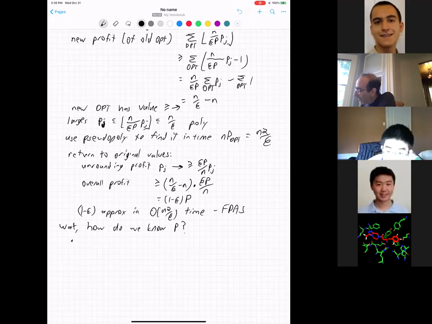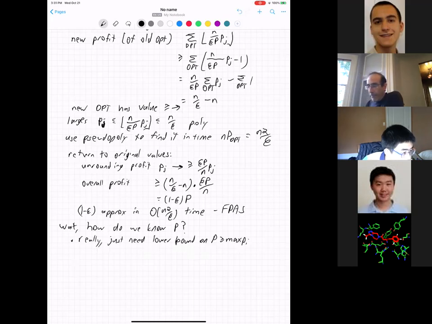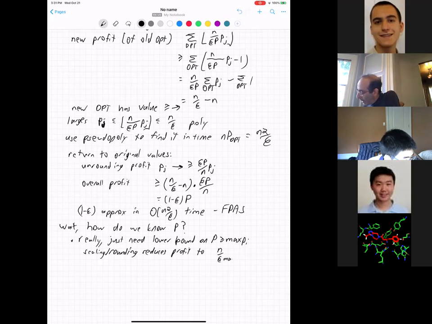I know that p is bigger than the largest profit, and that means that scaling and rounding reduces this profit to n over epsilon times the maximum profit instead of p opt.